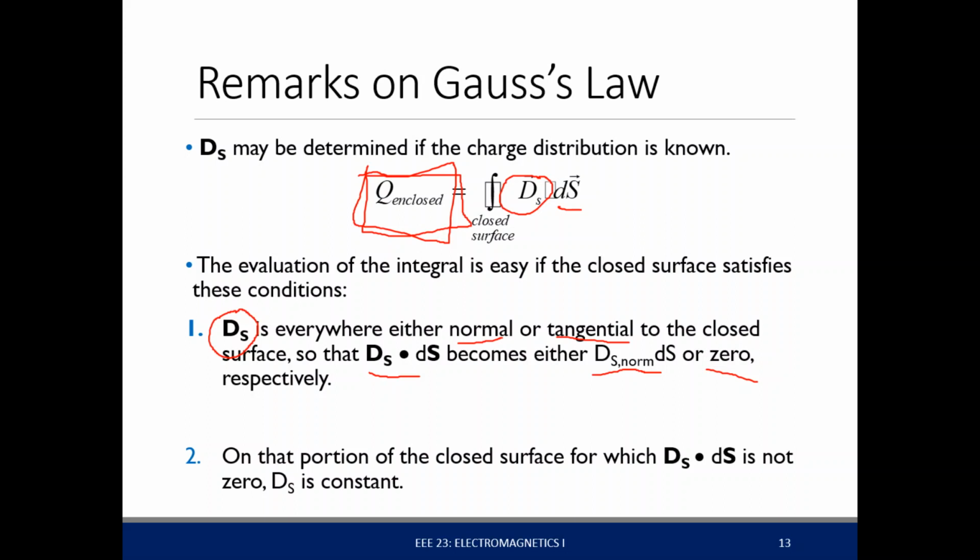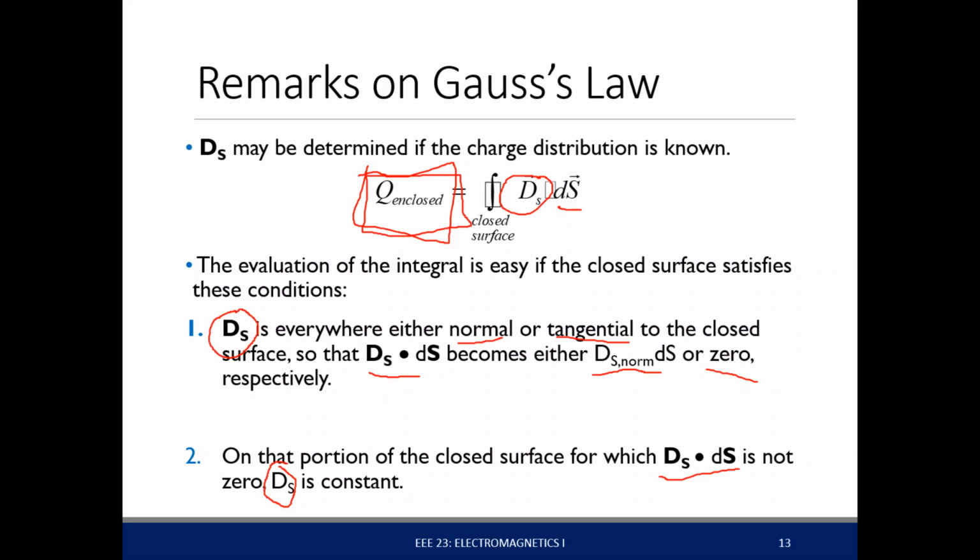So this part is the normal component of the flux density with respect to your surface, or 0 if it's tangential. So you have to choose a surface that fits this description. And on that portion of the closed surface for which it's not 0, D is constant. It does not vary at any point on that surface.